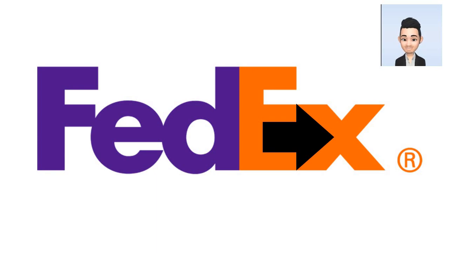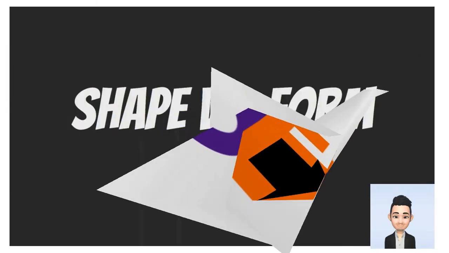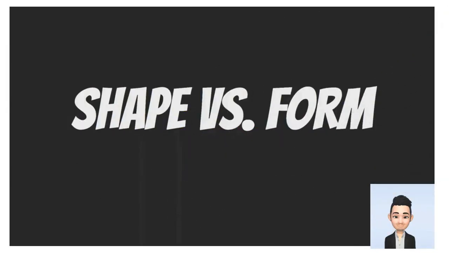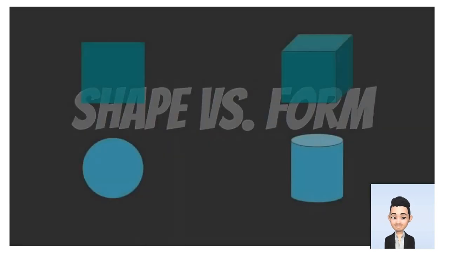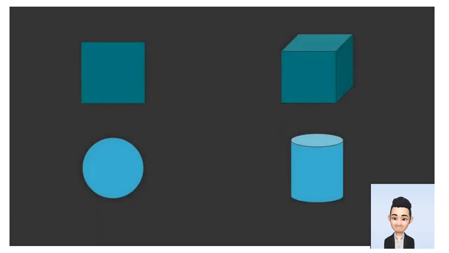Another element of art is shape and form. Let's take a look. So shape would be on the left, form is on the right. So what's the difference between the two? Well, shapes are two-dimensional and forms are three-dimensional.